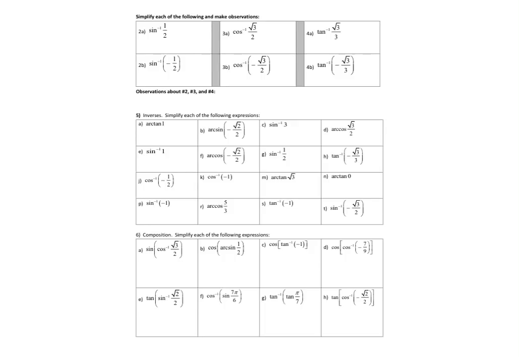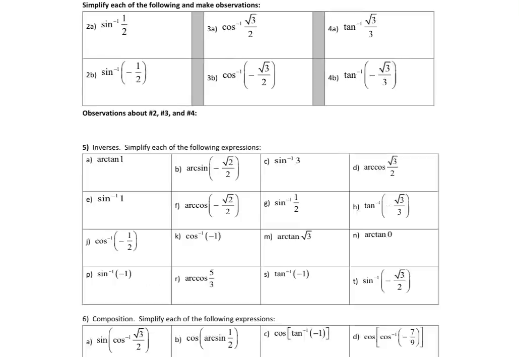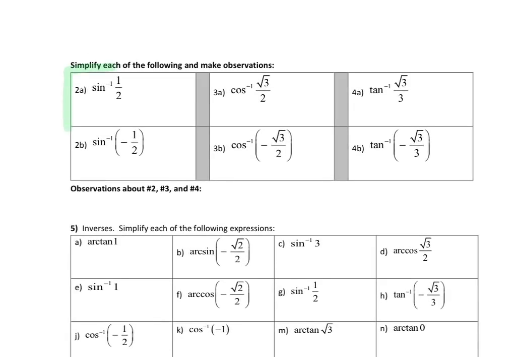But it would help you to remember that sine and tangent behave mostly the same, and I've joked about cosine being the problem child, but cosine is the one that's going to behave differently.